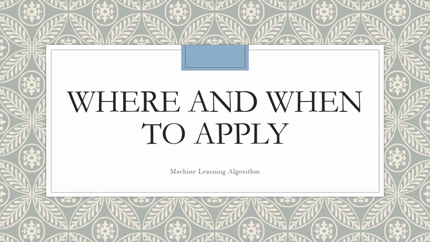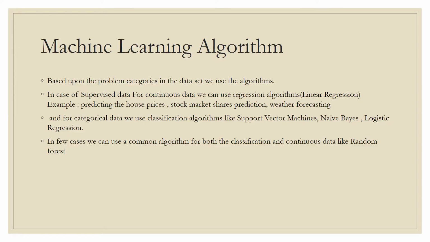Once we are given the data, we have a view of this data, and depending on the data we apply the algorithms. So based on the problem categories in our data we apply the algorithms. That is, it all depends upon our data. Now in case of supervised data, where the output is known, we have got the data either continuous or discrete.